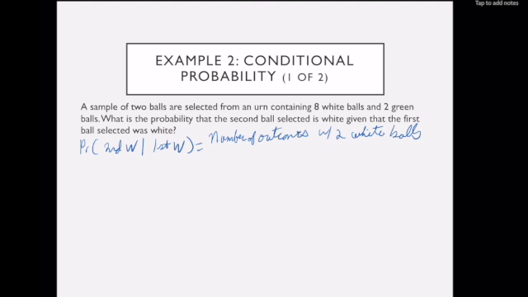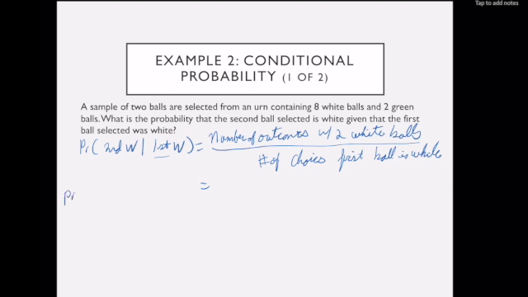If my first choice is white and my second choice is white, then the number of outcomes with 2 white balls would be where they intersect, over the number of outcomes in F. F in this case is our number of choices where the first ball is white. And for this, I'm going to have to use some of our counting skills.